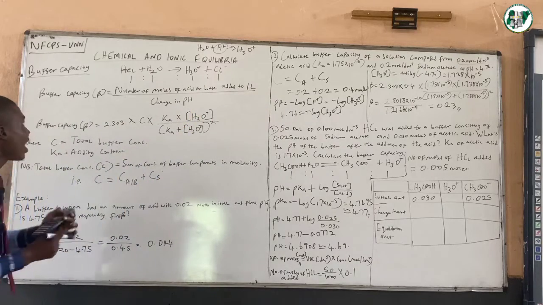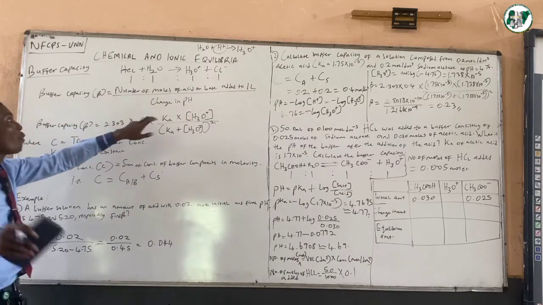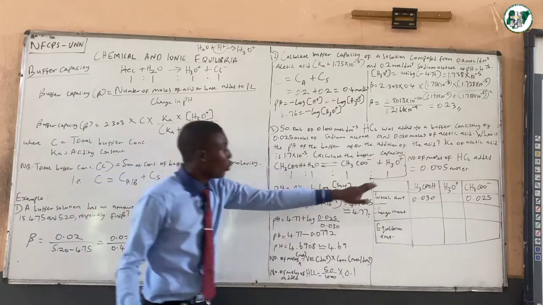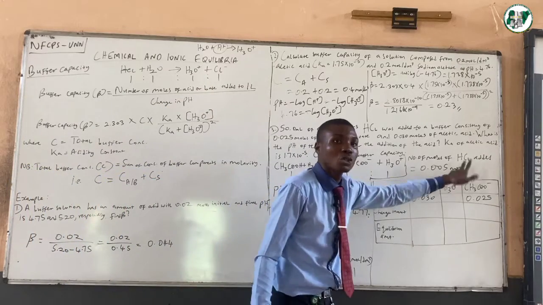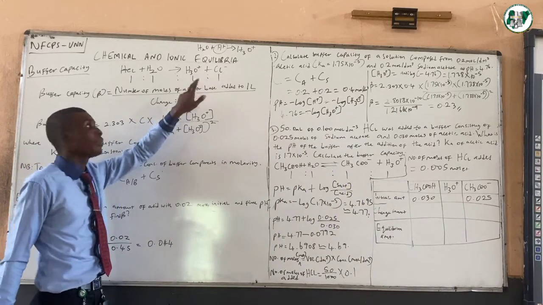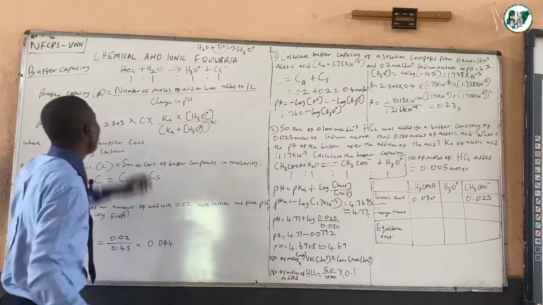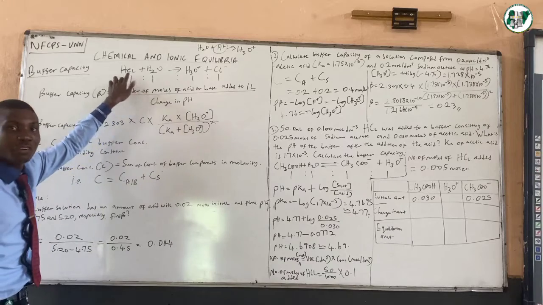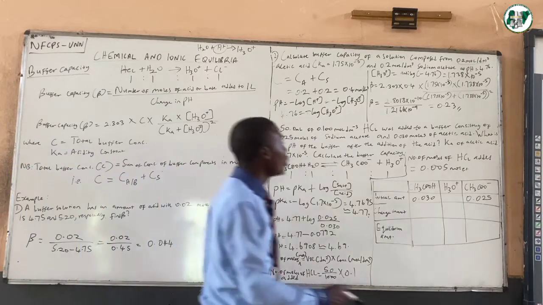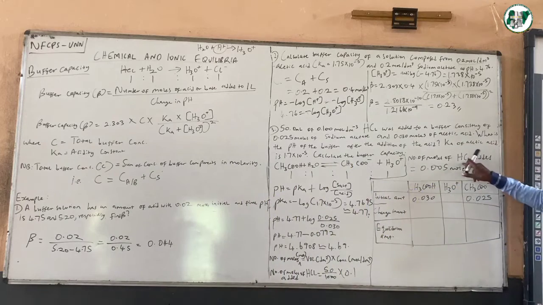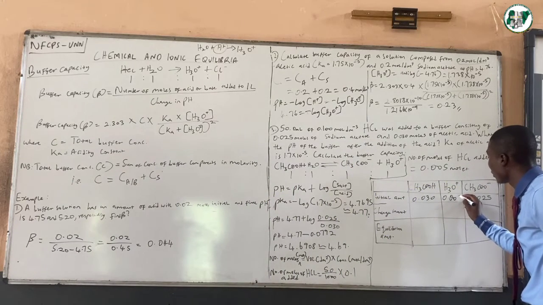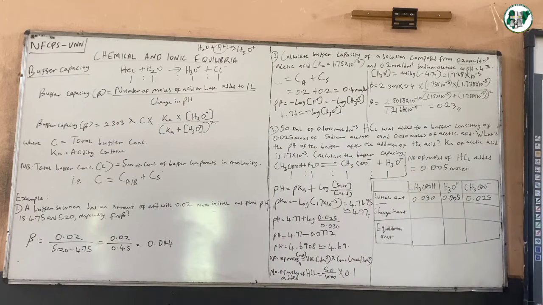What it simply means is that 1 mole of HCl will produce 1 mole of hydronium ion. But according to our calculation, we have 0.005 moles of HCl. If 1 mole of HCl will give 1 mole of hydronium ion, it simply means that 0.005 moles of HCl will also give us 0.005 moles of hydronium ion. So the initial amount of hydronium ion that is deposited by the HCl is going to be 0.005.